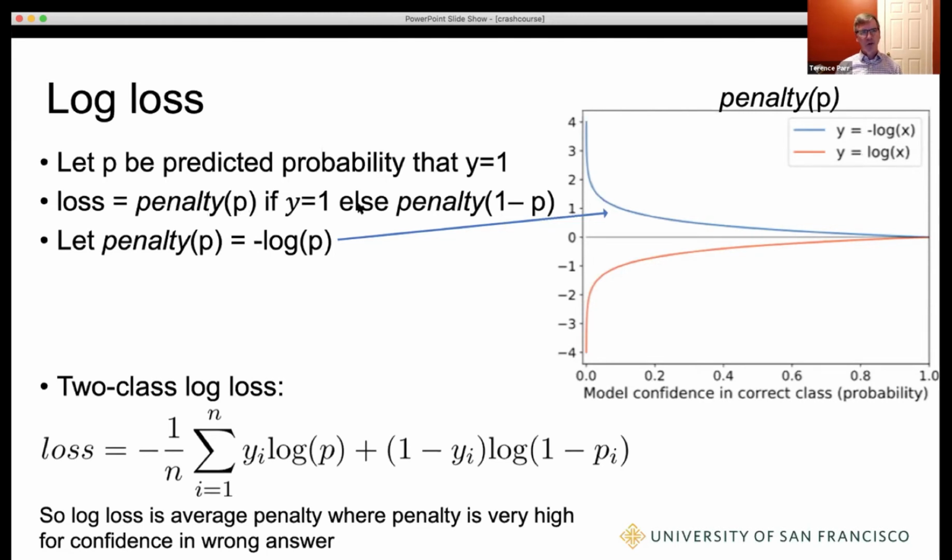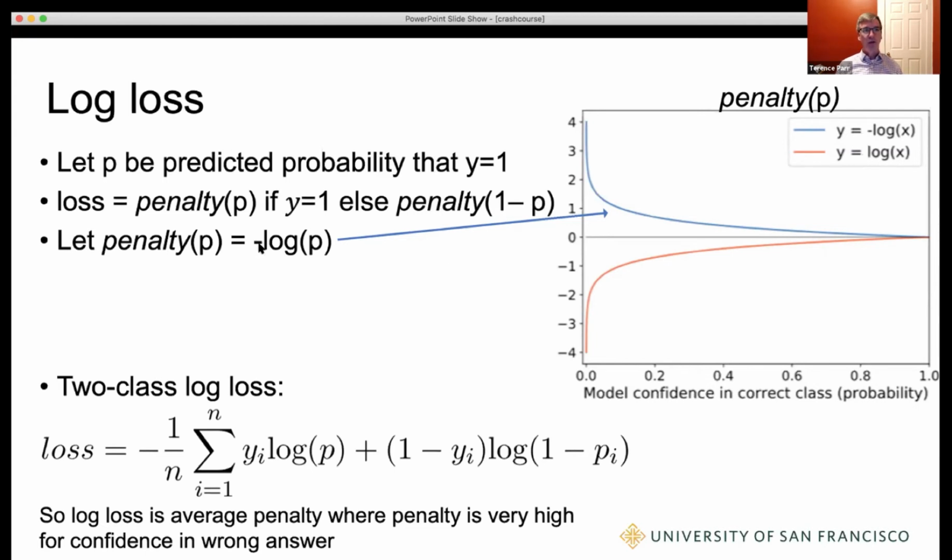If the truth is class 0, we want it to be the penalty of 1 minus P. So if we think it's 0.98 cat, if that's 1, and it is in fact a cat, then we want this penalty to be low. But if we get the wrong answer, then we want that to be 1 minus 0.98, and it should have a very high penalty value.